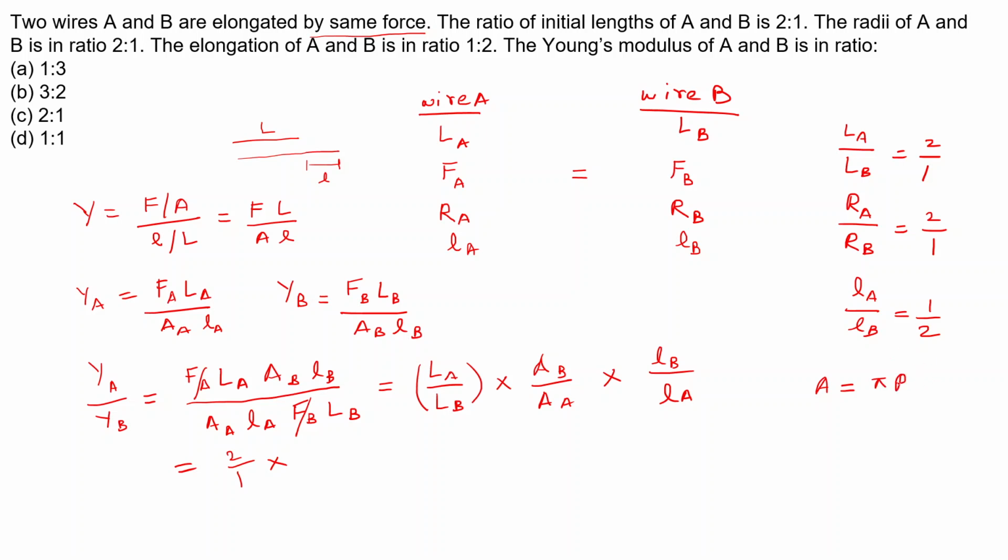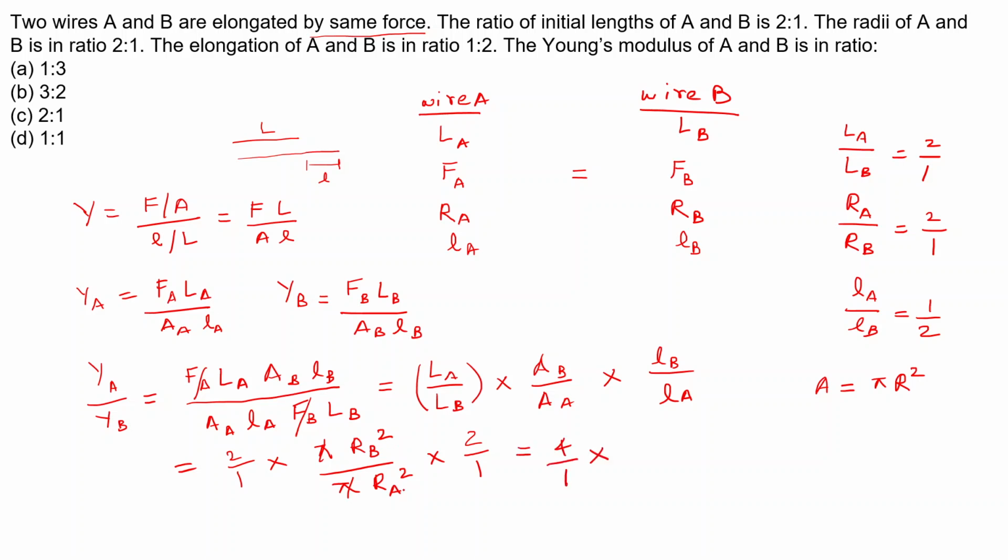Substituting this, it will become pi times the radius of wire B squared divided by pi times the radius of A squared, into lB to lA. Now lA is to lB is 1/2, that means lB to lA will be the reciprocal, the inverse of this, that is 2:1. This pi will also cancel. This 2/1 multiplied by 2/1 will be 4/1.